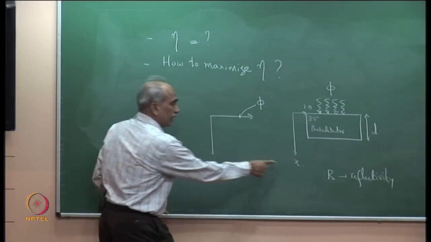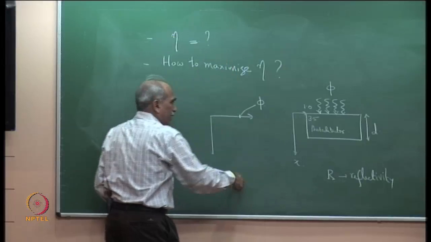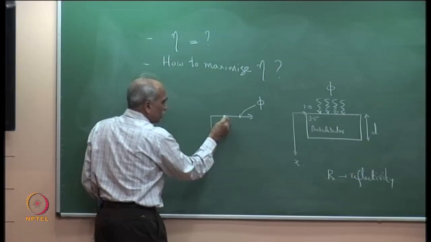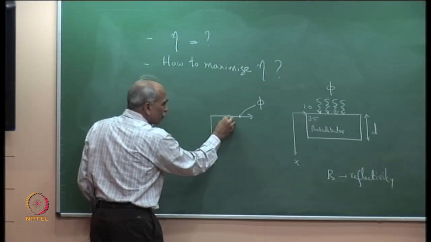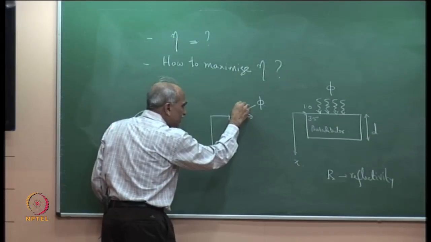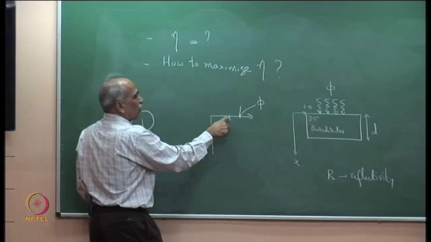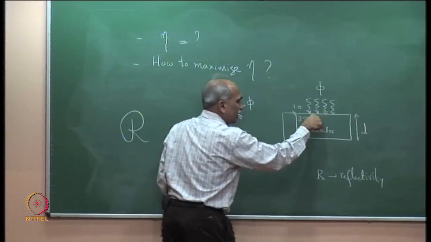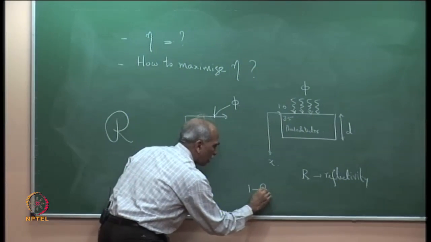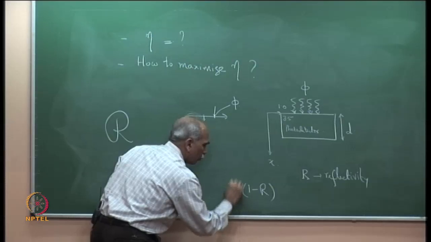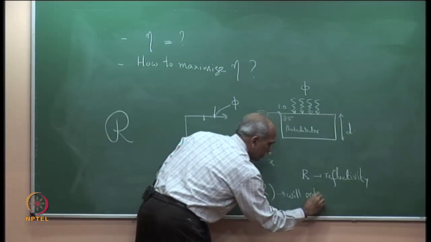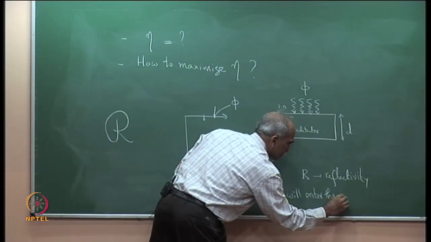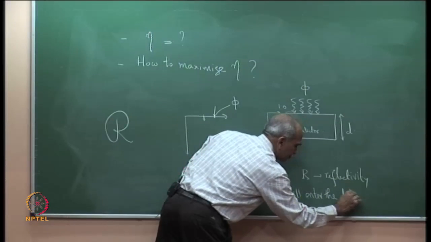Therefore, phi is the incident photon flux, but what will enter the material is 1 minus R into phi. That is what will enter the semiconductor, the detector material.